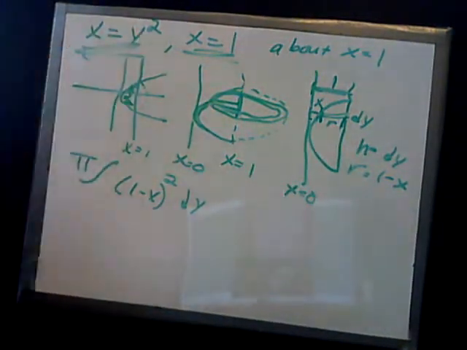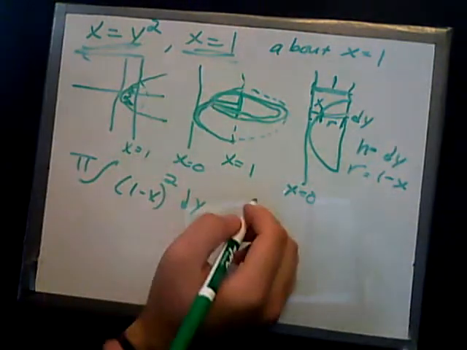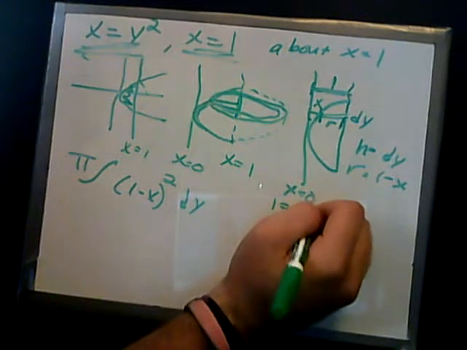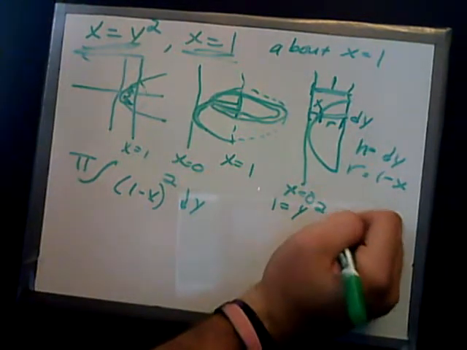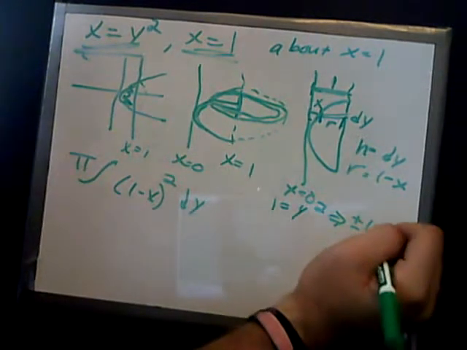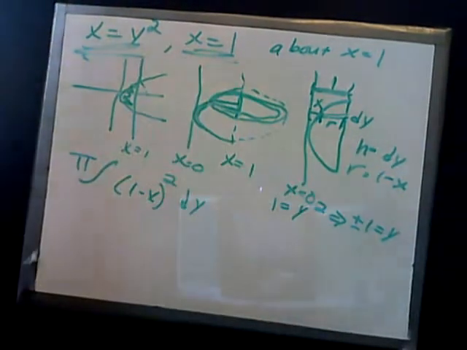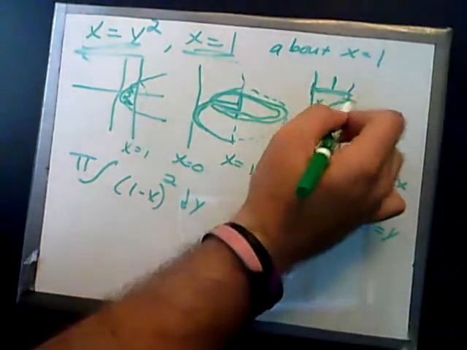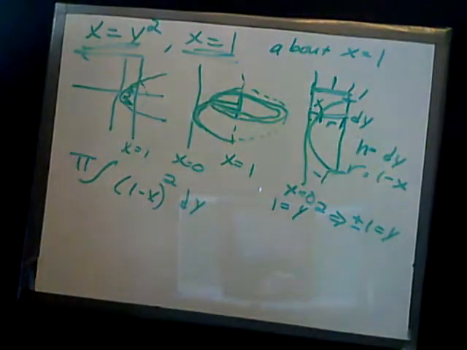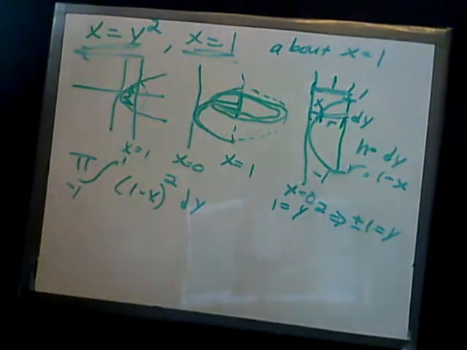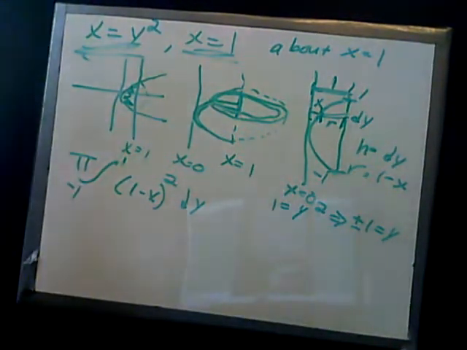So if we know x equals y squared and x equals 1, then we can set up on the side here 1 must also equal y squared. You square root both sides. We have plus or minus 1 is equal to y. So that means that our lower bound is negative 1 and our upper bound must be positive 1. So now that goes into our integration, and now we're ready to integrate.